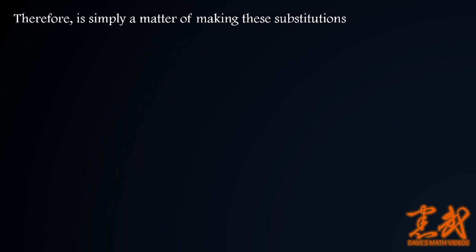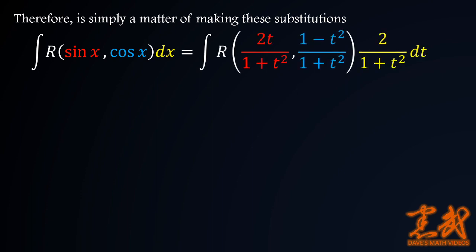Having done all of this, computing this integral is simply a matter of making the following substitutions. The sine of x will be replaced by 2t over 1 plus t squared. The cosine of x would be replaced by 1 minus t squared over 1 plus t squared, and dx will be replaced by 2 over 1 plus t squared dt.